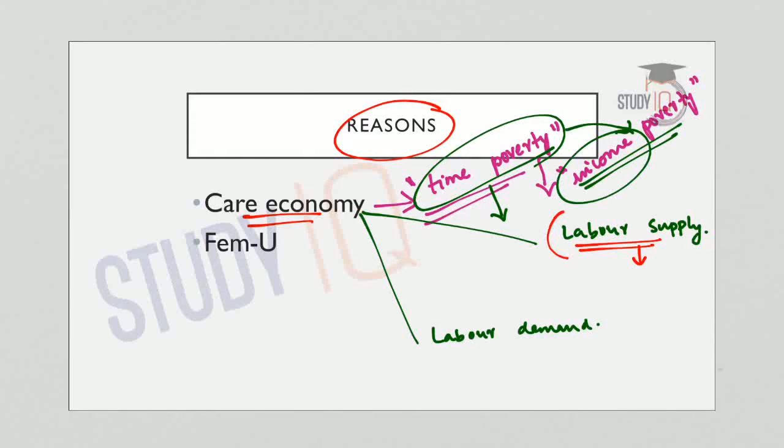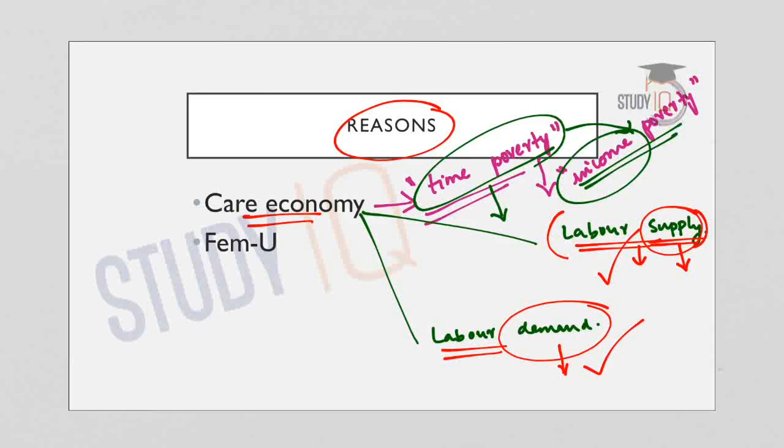So this constrains the labor supply. Women are not able to engage in income generating activities. So supply is constrained, and also there is an existing problem of labor demand. There is lesser demand for female labor because of many reasons which we have already discussed earlier in many other lectures. So there are constraints on both labor supply and labor demand for the female workforce in the country.